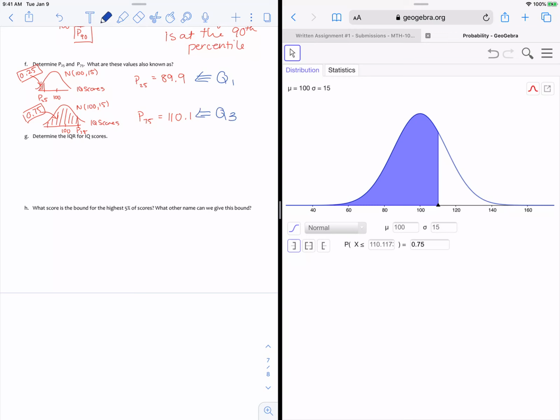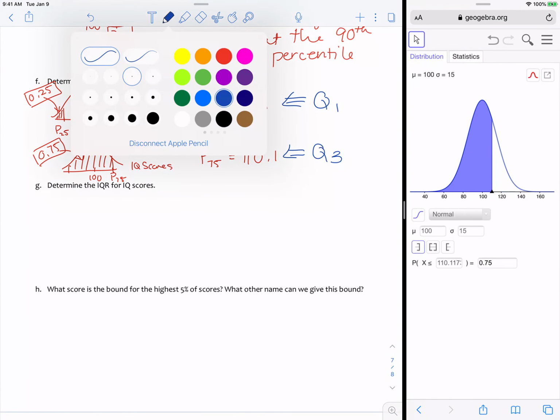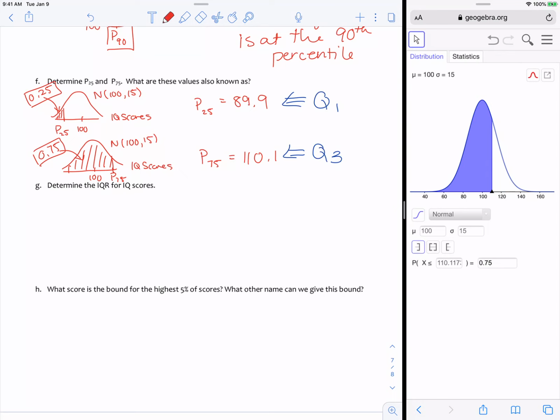So now I can find the IQR for our IQ scores. Since I know those 25th and 75th percentiles, IQR is equal to Q3 minus Q1. Third quartile is 110.1 minus the first quartile, 89.9. And then that is going to get us to 20.2, and that's our IQR.